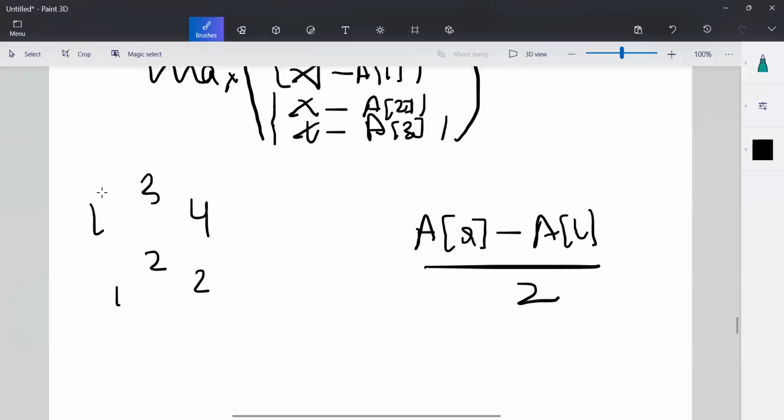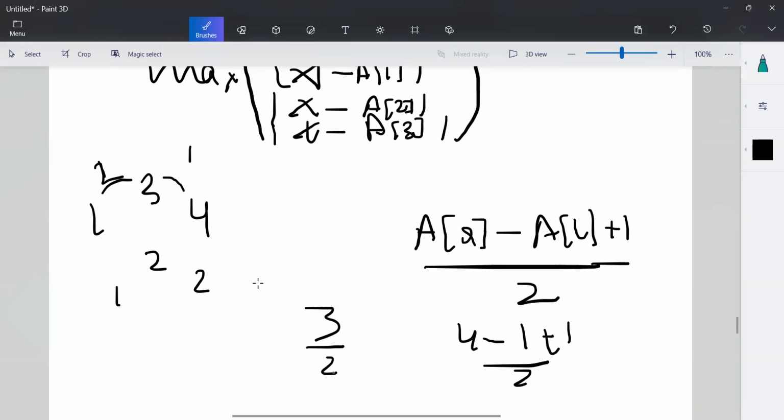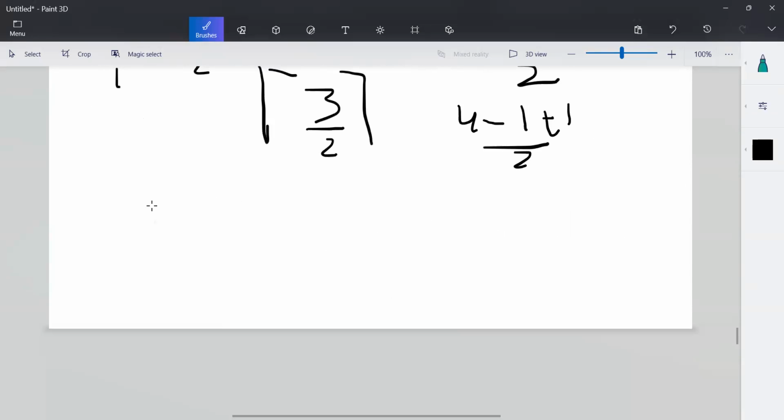If you had chosen 3, 3 minus 1 is 2, and 4 minus 3 is 1. So if your length is odd, it would be the ceil, so 4 minus 1 plus 1 by 2, or basically 3 by 2 ceil. This is the difference you'll get, because you can only choose integers, right? X is an integer. Yes.